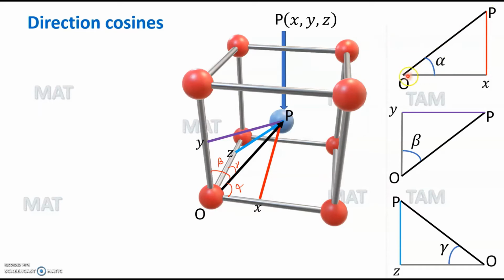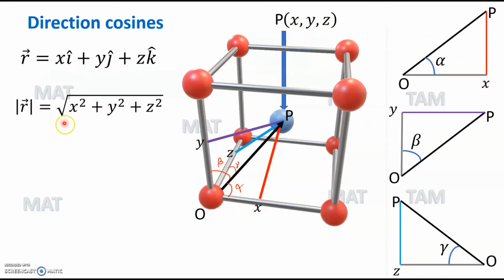If we define OP vector as vector R and define it as xi cap plus yj cap plus zk cap, because we have x, y, z as its coordinates, then the magnitude of R can be defined as the square root of x squared plus y squared plus z squared. Great.